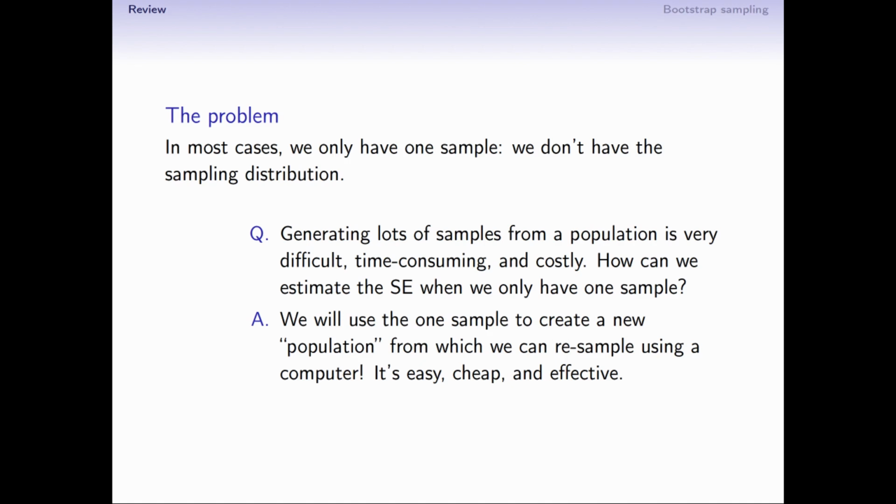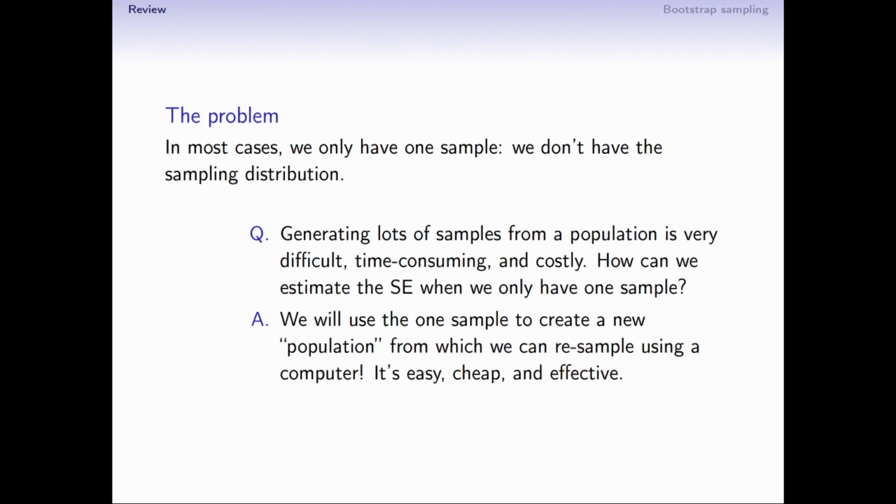So let's think about the problem that we face. In most cases, we only have one sample. We don't have the sampling distribution. So here's the question. Generating lots of samples from a population is very difficult, time-consuming, and costly. How can we estimate the SE when we only have one sample?